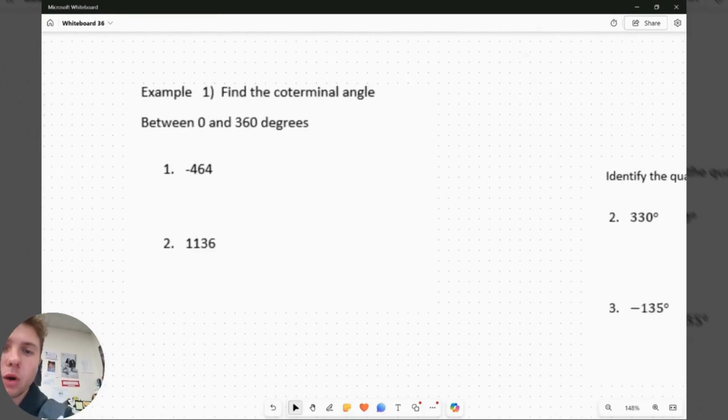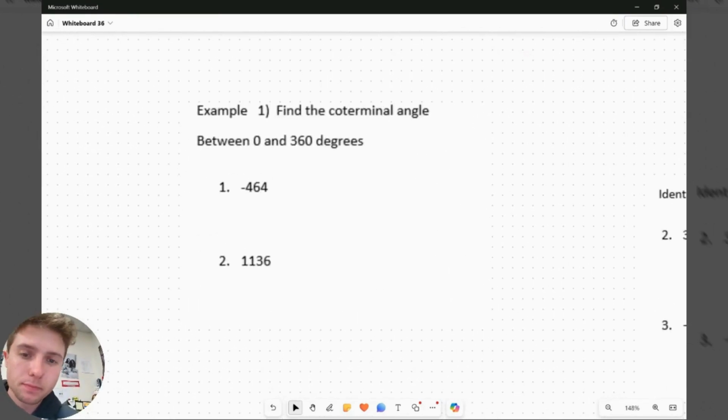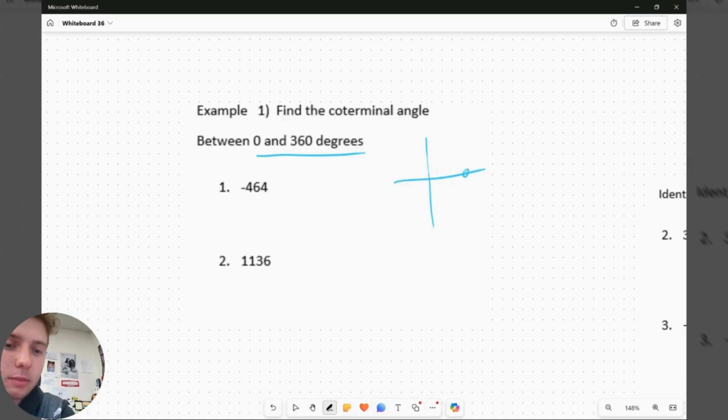Let's look at number 1 with that idea here. It says find the coterminal angle between 0 and 360 degrees for negative 464. So I'm going to start over here on the right. We always start there, and I'm rotating backwards because it is negative. I know that if I do an entire circle, I go 360 degrees, so I know I have to go more than that.